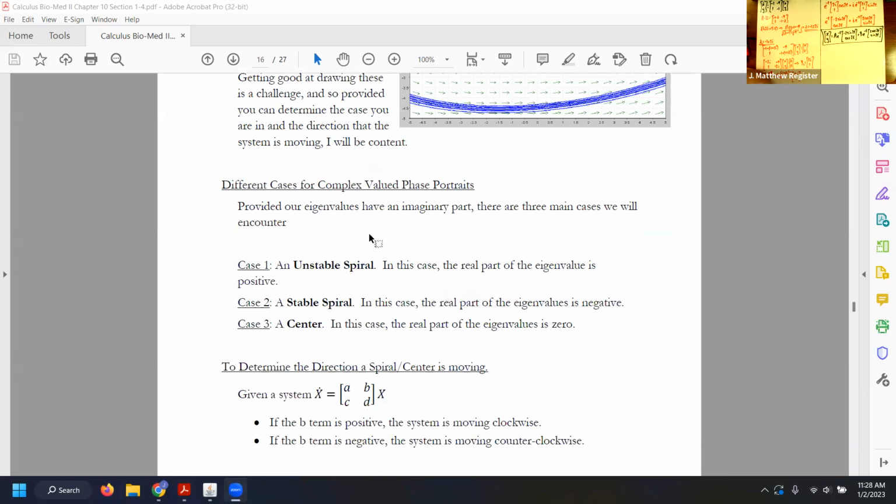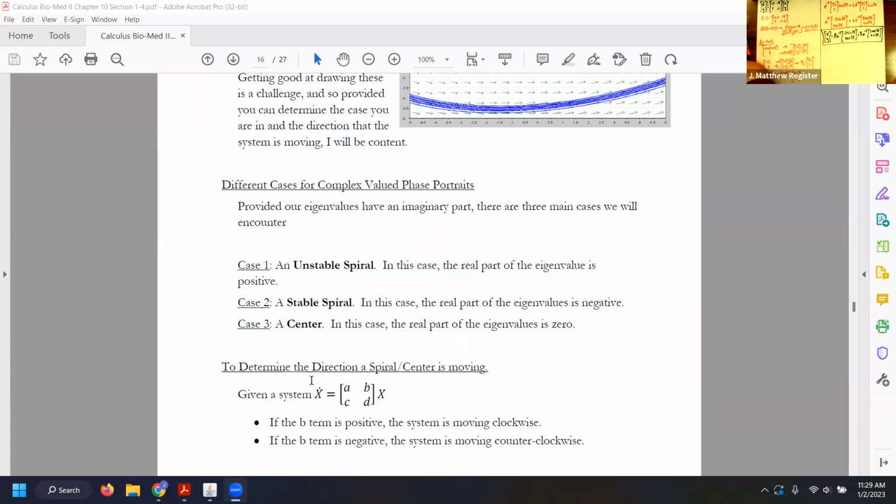And so provided our eigenvalues have an imaginary part, there are 3 main cases we will encounter. An unstable spiral. In this case, the real part of the eigenvalue is positive. A stable spiral. In this case, the real part of the eigenvalue is negative. And the last one is a center. In this case, the real part of the eigenvalue is 0.